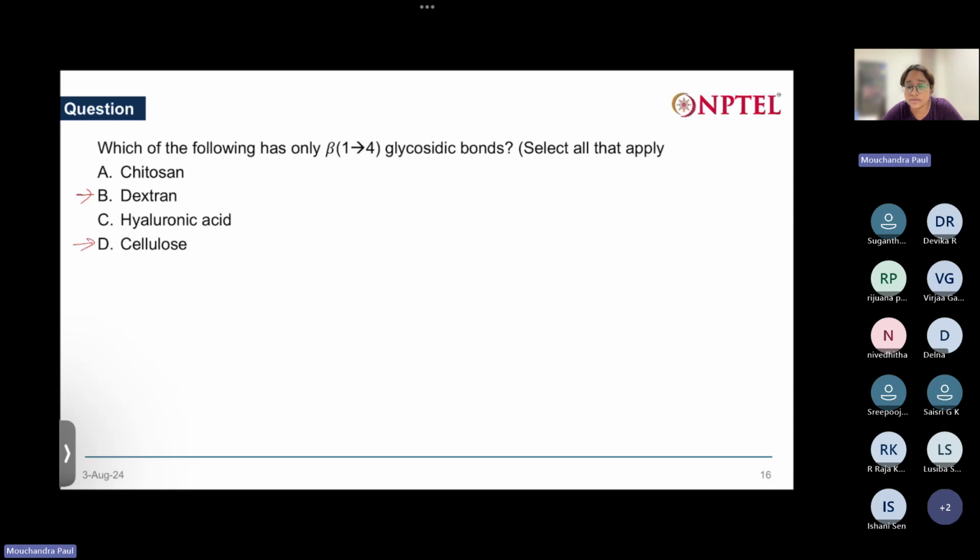Or chitosan? You can simply Google the structures. You have the freedom to do it today, but later on, don't do it during the exams. But don't Google the answer directly. What about chitosan? What about hyaluronic acid?